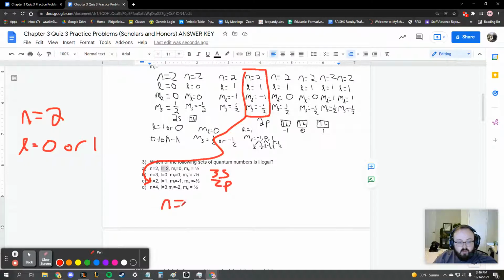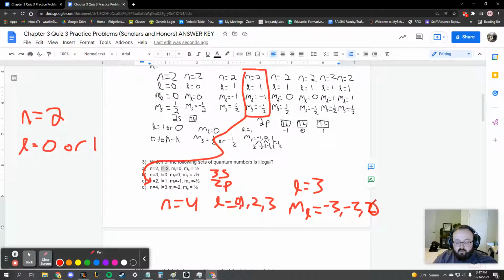If n equals 4, then L can equal 0, 1, 2, or 3. Any one of these. L is 3. If L equals 3, then M sub L can equal all of these.